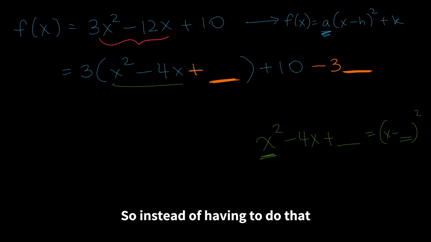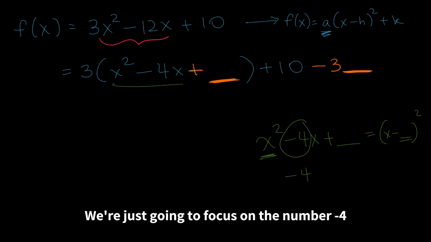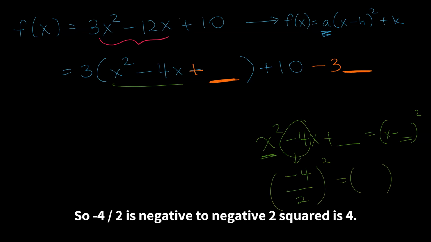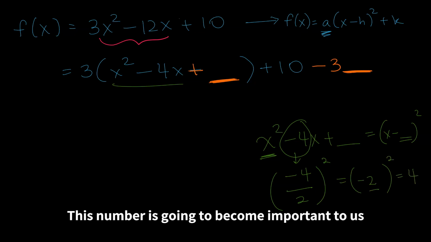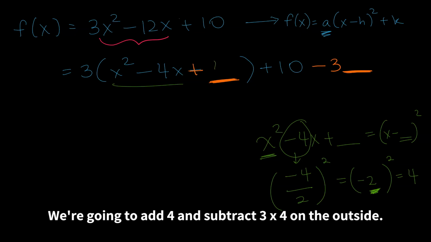So instead of having to do that step over and over and over again, we take the middle term, and we just focus on the number, -4, divide by 2, and then square it. So -4 divided by 2 is -2. -2 squared is 4. This number is going to become important to us too, so hang on to that -2 before we square it. So we're going to add 4 and subtract 3 times 4 on the outside.